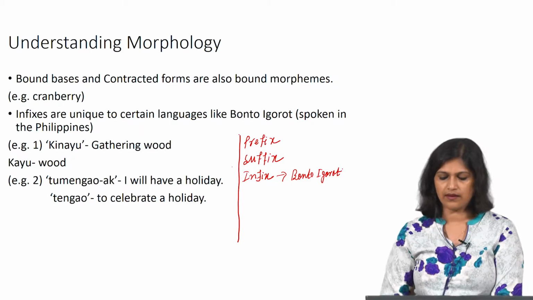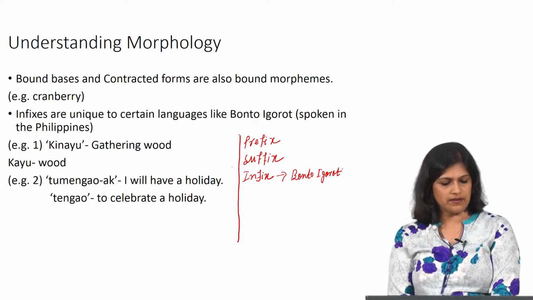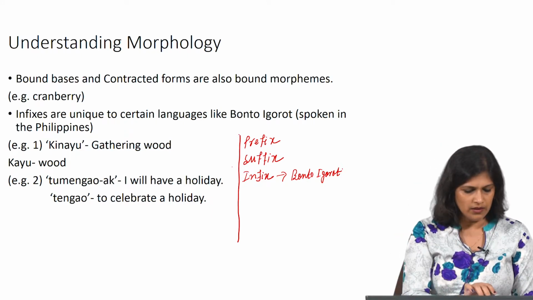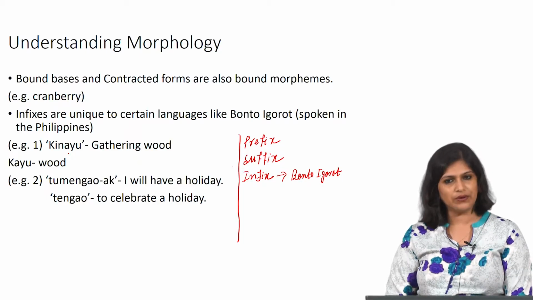So, look at the data that has been given here. The first example that we have is kinayu. In Bontoc-Igorot, the word kinayu means gathering wood in English, right.